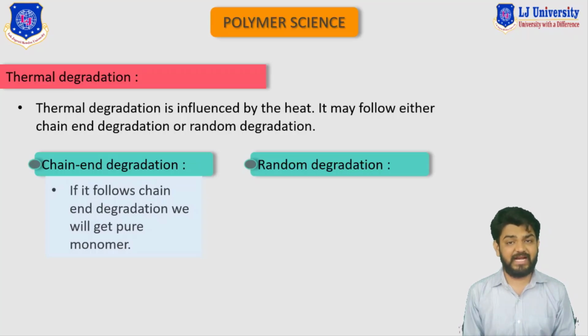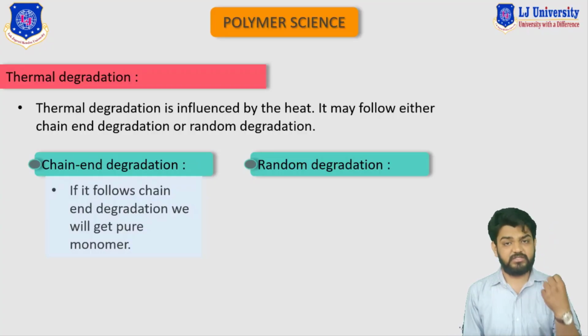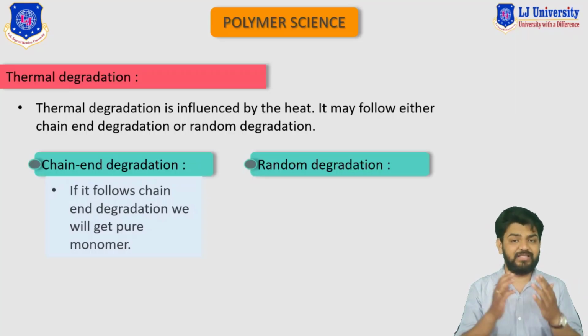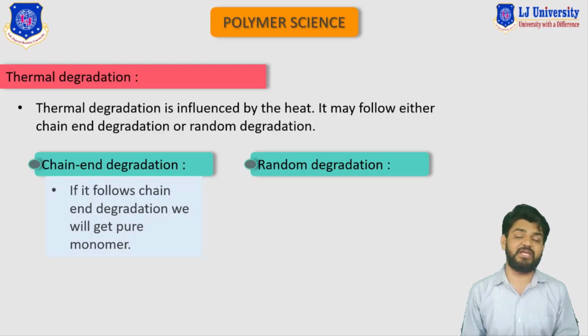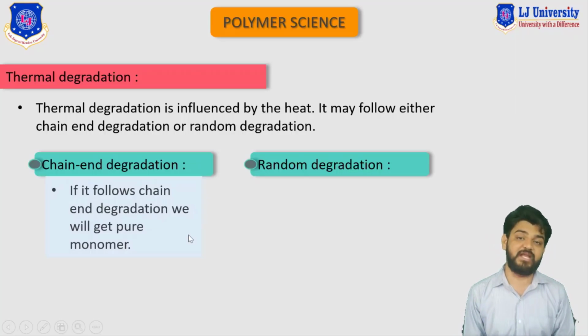As we have already understood in the previous lecture, chain end degradation is referred to when the chain starts to degrade from the end monomer, right? So in thermal degradation, the same applies here. If it follows chain end degradation, we will ultimately get the pure monomer at every successive step of the degradation.